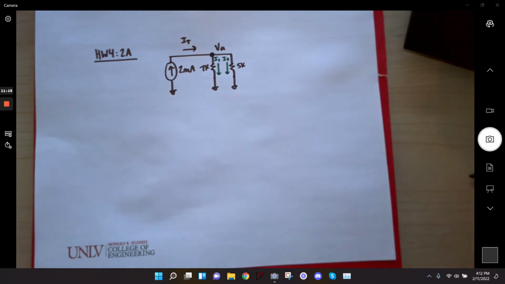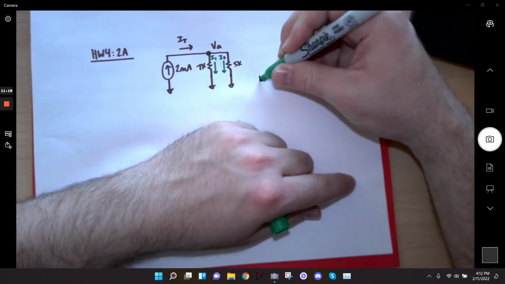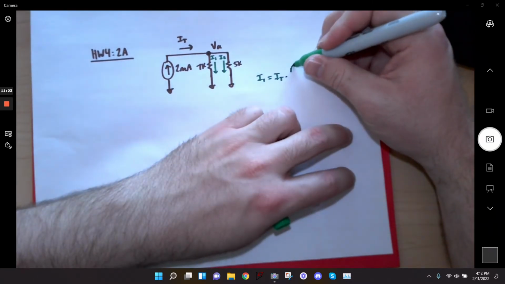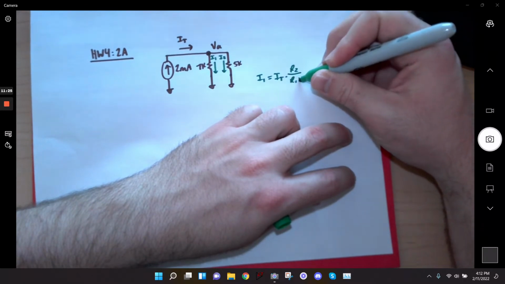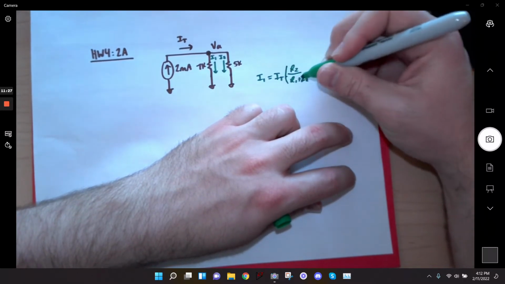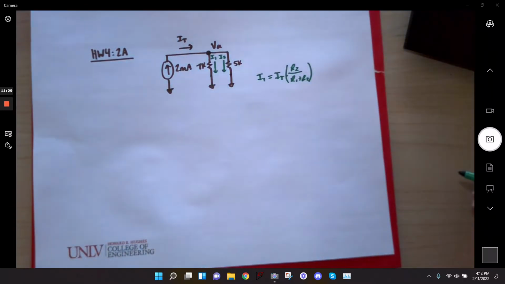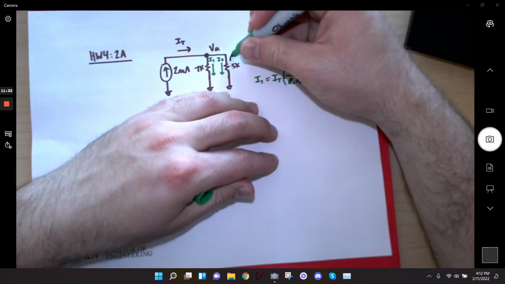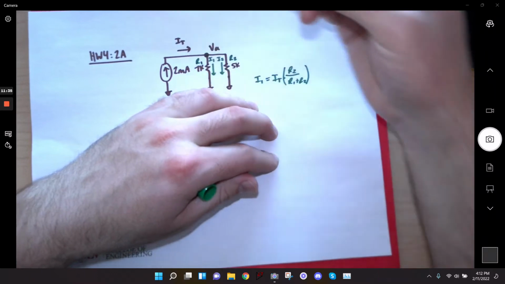And so my current divider tells me that if I want to find, let's say I1, that's equal to my total current times R2 over the sum of the resistors, right? And R2 is, in this case, going to be 5K, so this is R2 and this is R1.